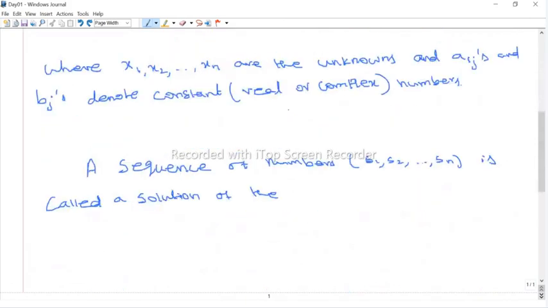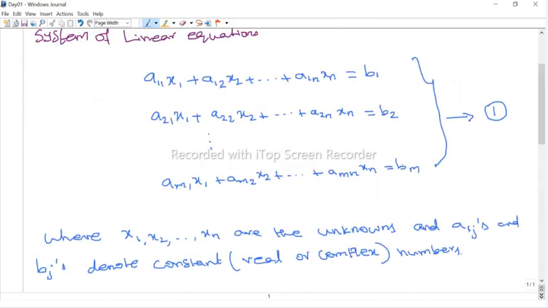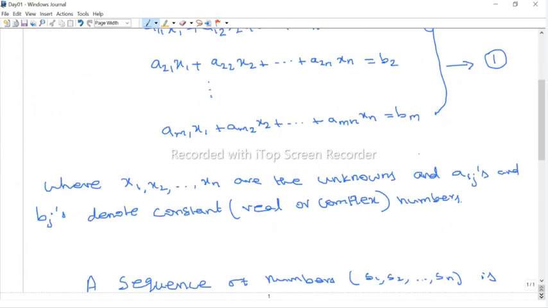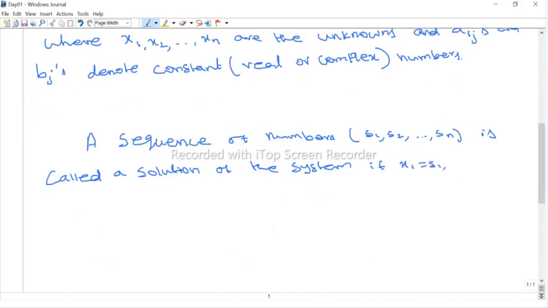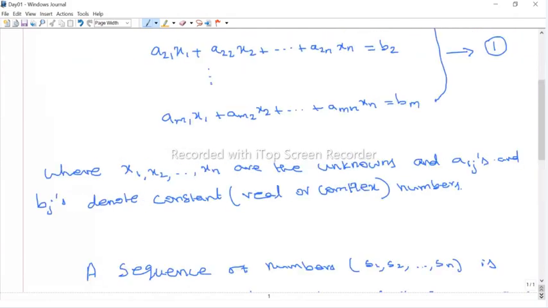Now, a sequence of numbers, that is an n-tuple s1, s2, etc., sn, is called a solution of the system if, when we substitute x1 equal to s1, x2 equal to s2, and so on, xn equal to sn, the first equation is satisfied, the second equation is satisfied, as well as the last equation. If all the equations are satisfied, then we say the n-tuple is a solution.